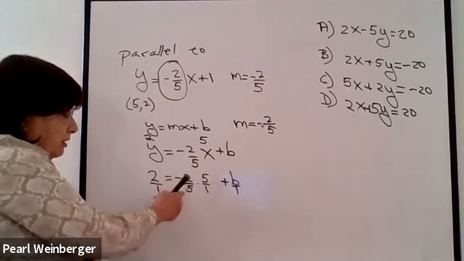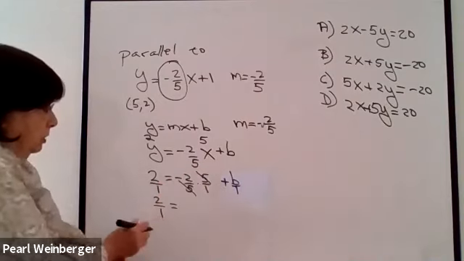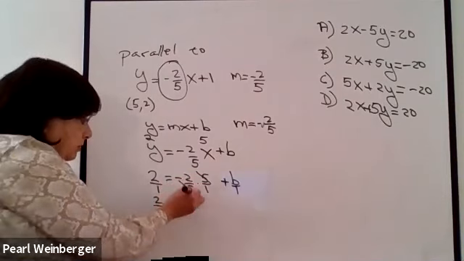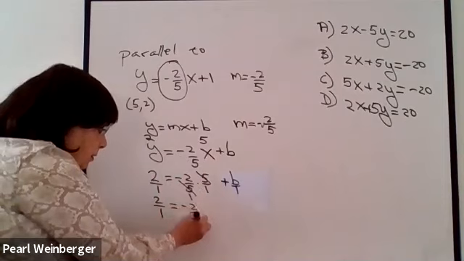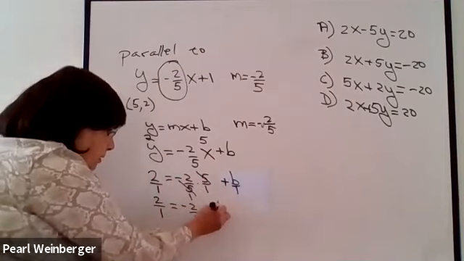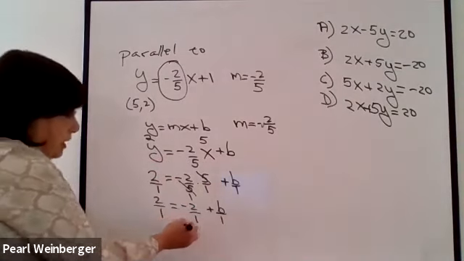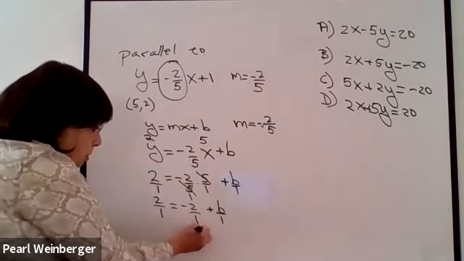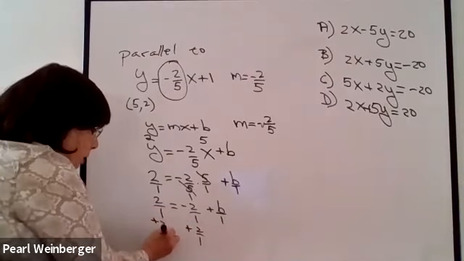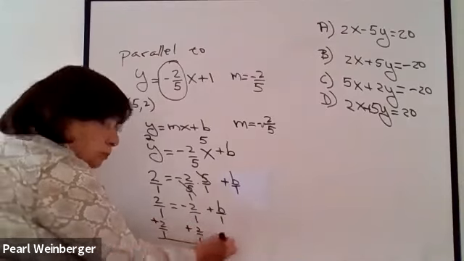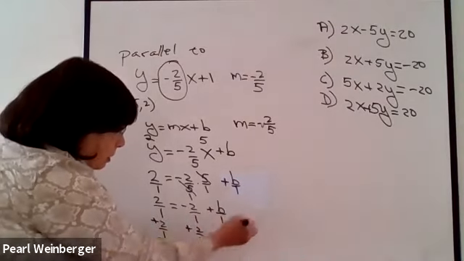In this case, there is a numerator and denominator that can be canceled out. So this becomes negative 2 over 1 plus b over 1. And then to get the b alone, I'm going to have to add 2 over 1 to both sides.